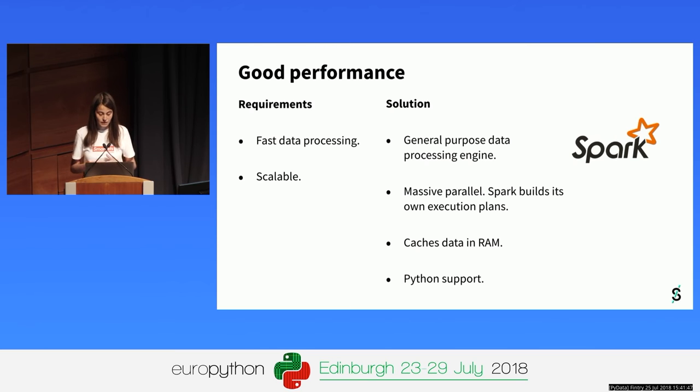By doing so, Spark can do a lot of processing in parallel. Another feature that allows Spark to be really fast is that it keeps data in memory when possible instead of storing intermediate results in disk. And Spark comes with Python support through the PySpark library.